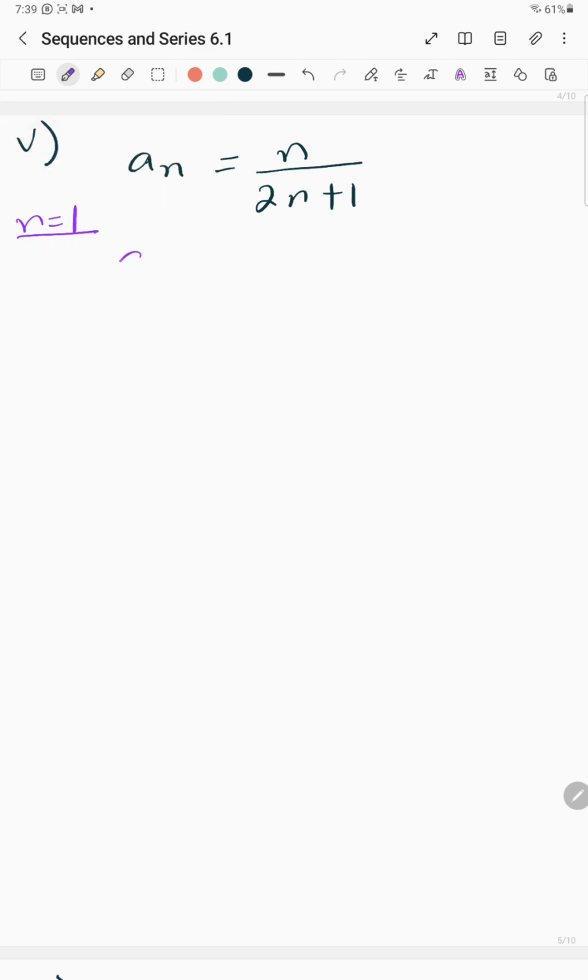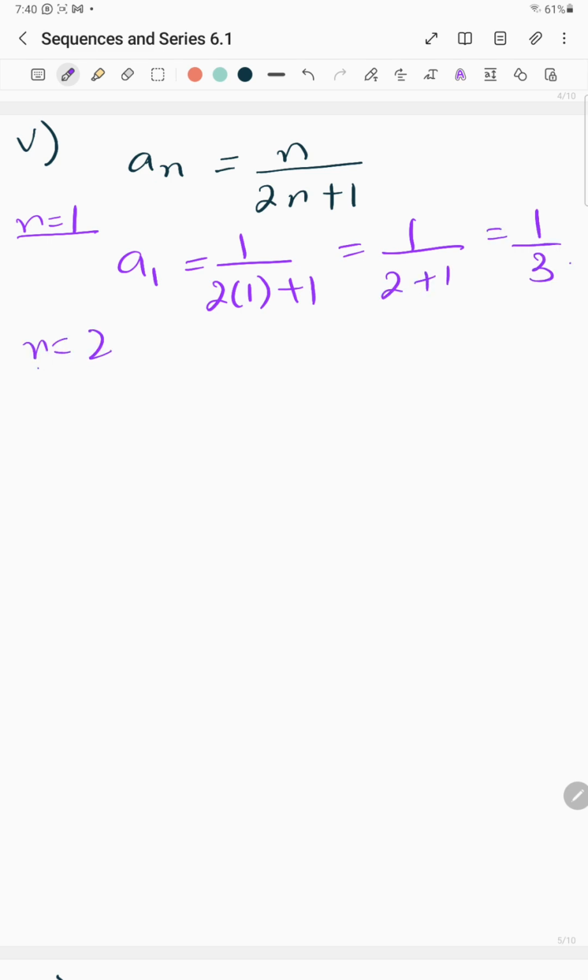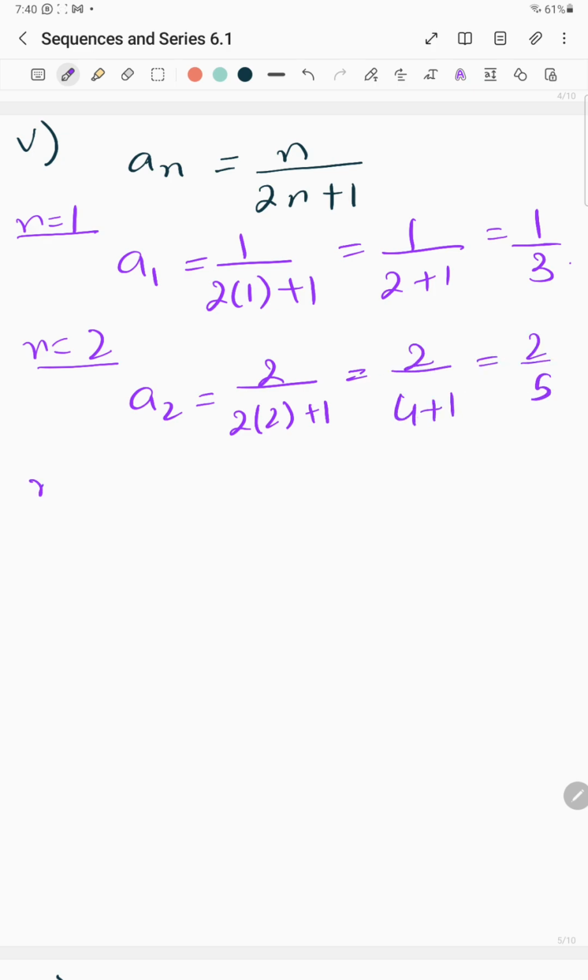Coming to question number 5. N is equal to 1, a1, 1 over 2 plus 1, 1 over 3. N is equal to 2, a2, 2 over 4 plus 1, 2 by 5. N is equal to 3, 3 over 7.